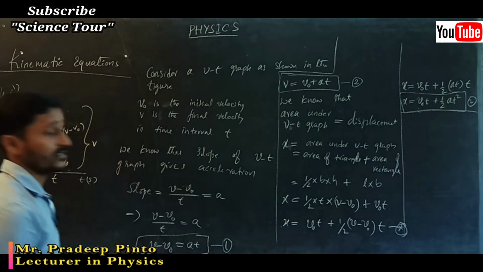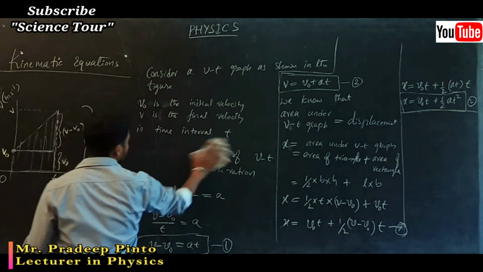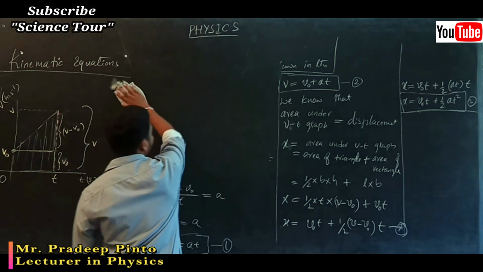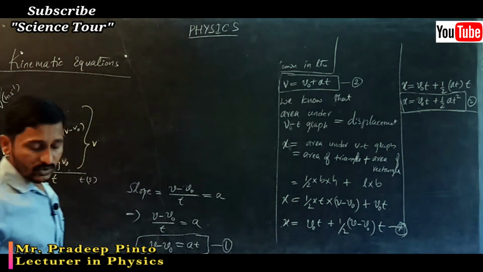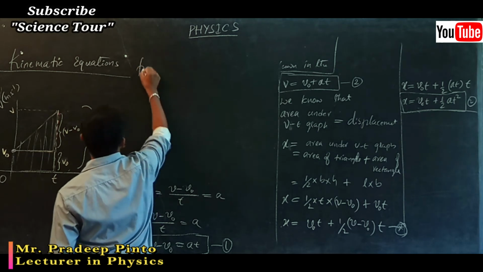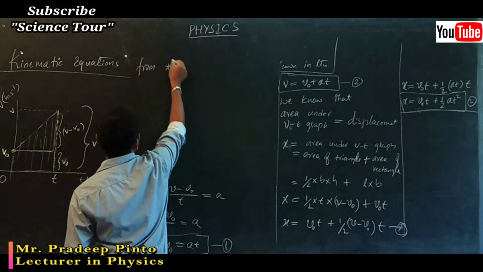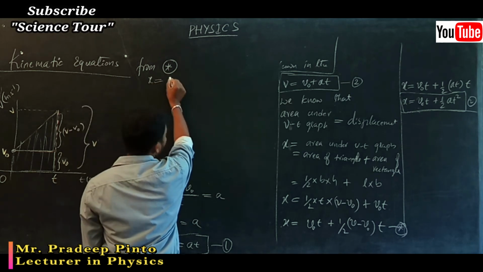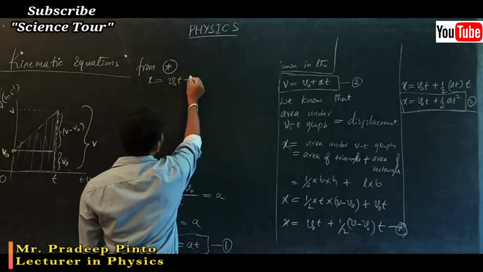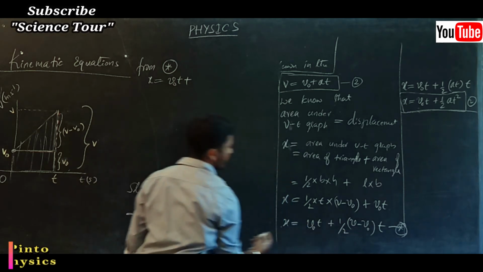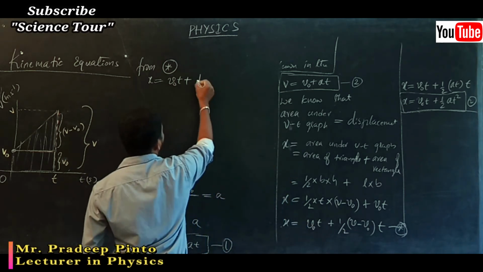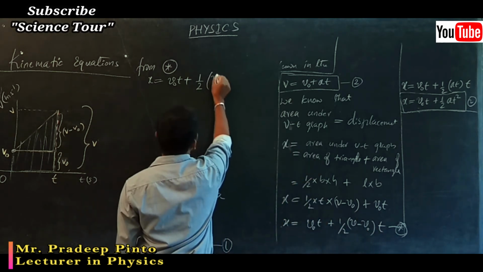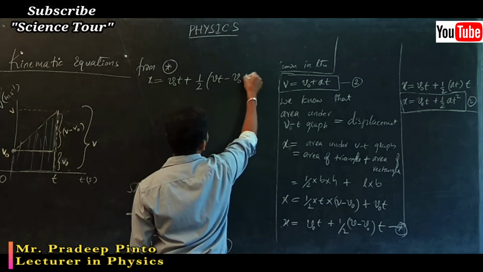So remember, write this. I am going to erase this so that I can write down some other steps. Now from equation star we have x is equal to V naught into t plus half V minus V naught into t.